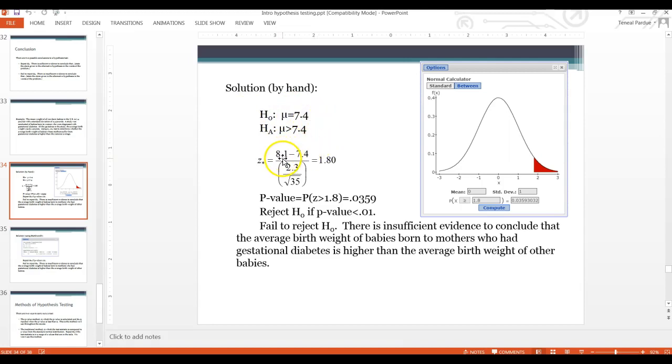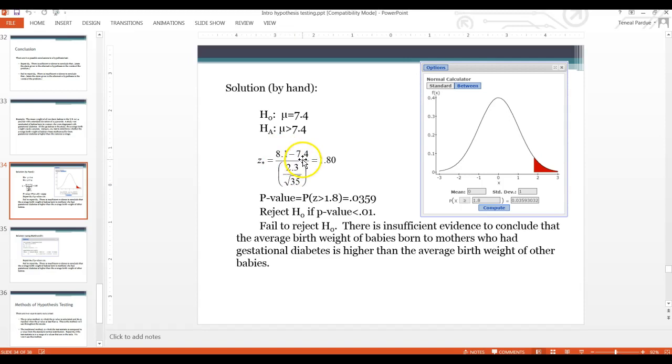When we plug in the values, this is going to be x bar, so our sample mean, 8.1, minus the hypothesized value, which always just comes directly from the hypotheses, divided by the standard deviation. They told us in the problem was 2.3, and the sample size was 35.